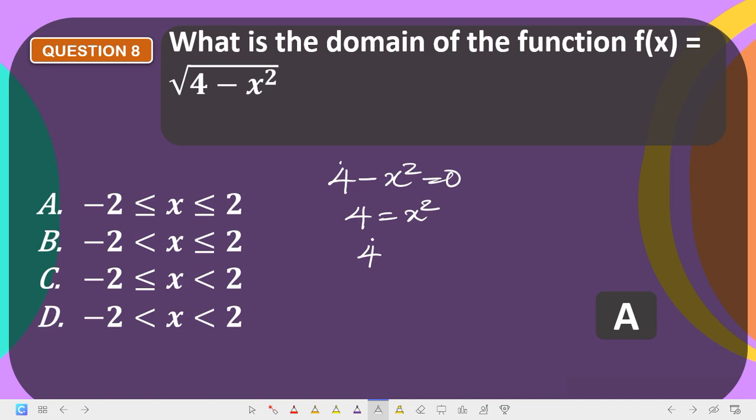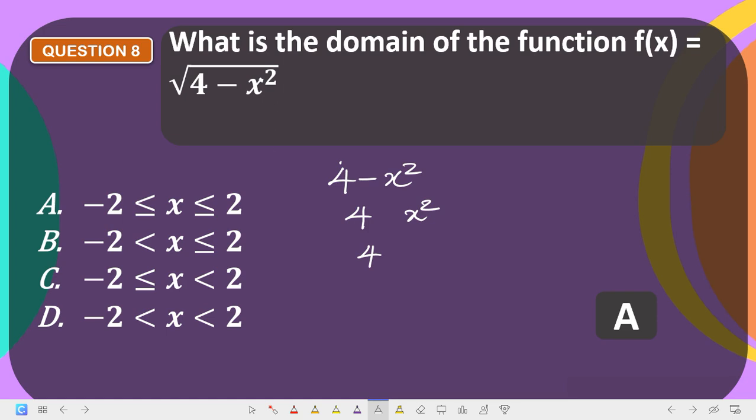Or what you do is 4 minus x squared, it should be greater than or equal to, let me make it easier for you to understand. So what is the domain of the function?